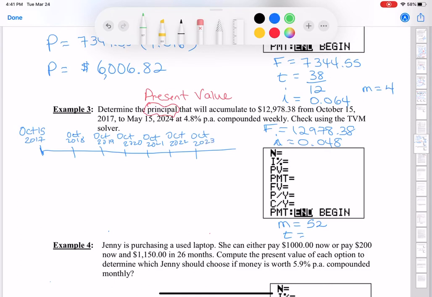So we know that we have a total of 1, 2, 3, 4, 5, 6 complete years.